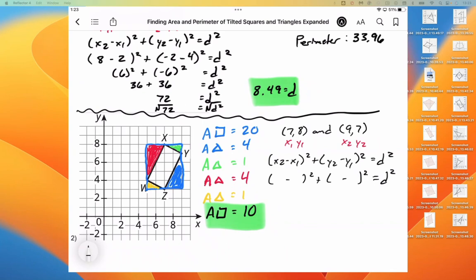And I will have 9 minus 7, 7 minus 8. 9 minus 7 is going to be 2. 7 minus 8 is negative 1.